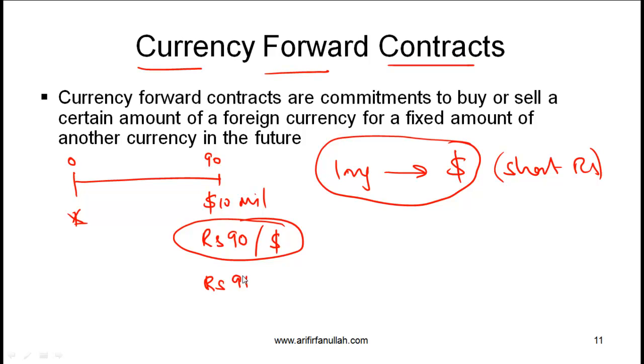That means that if you as the long party benefited, then the counterparty was short the dollar, they obviously lost out because they have to give you $1 for 90 rupees, even though in the market they could get $1 for 91 rupees. So that's your currency forward contract.